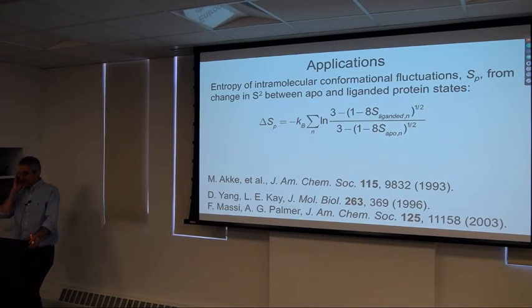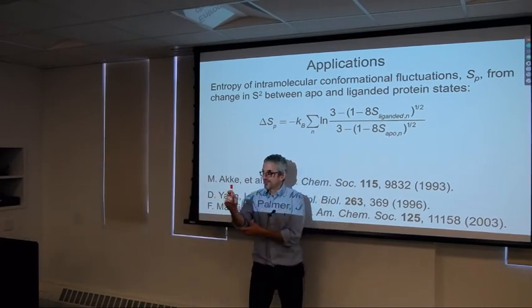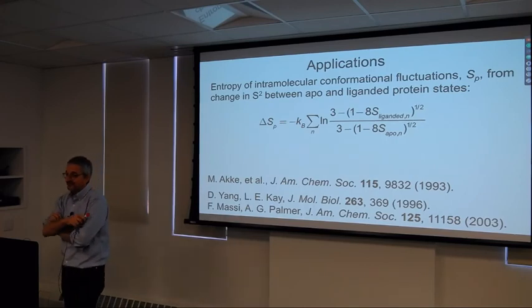Now, what can one do with these order parameters? One approach has been to interpret the fluctuations. S characterizes the amplitude of the fluctuations, and that's related somehow to entropy. Right? Entropy is a measure of disorder.